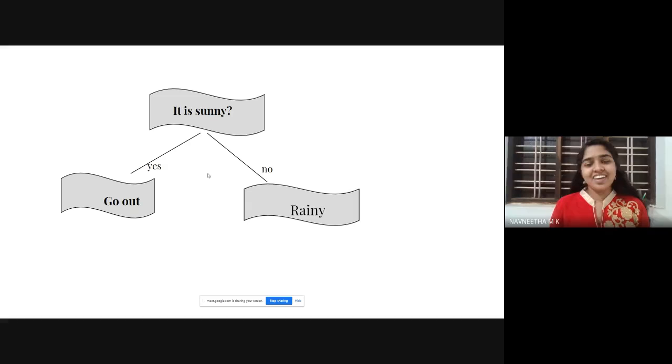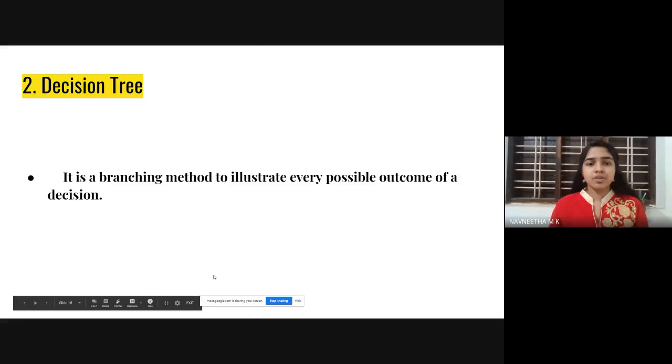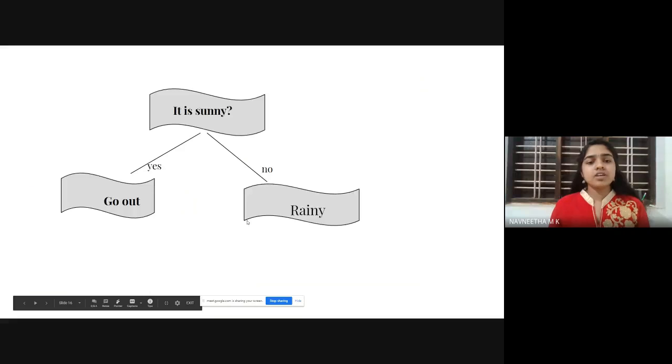If it is sunny outside, we will prefer to go outside for a walk. But if it is too rainy outside, we will not like to go outside. We will prefer to stay indoors. That is done in decision tree algorithms. Decision tree algorithms are based on conditions.